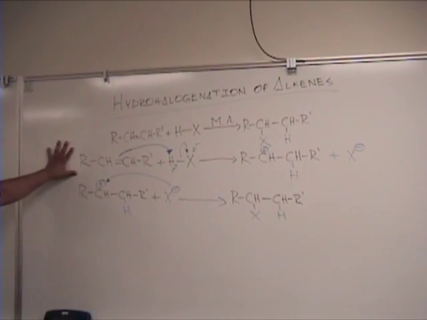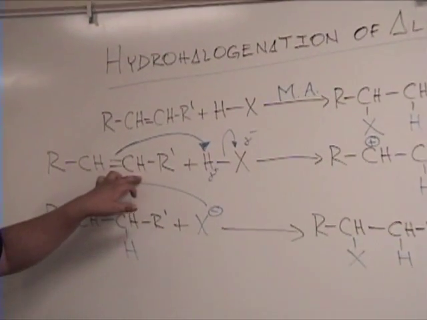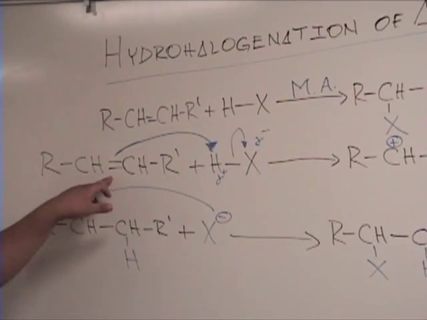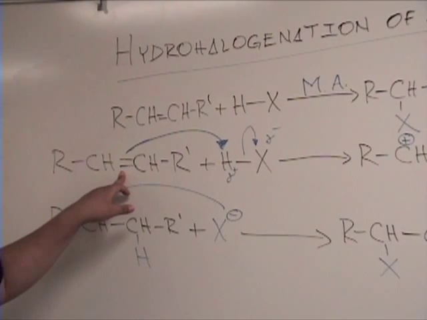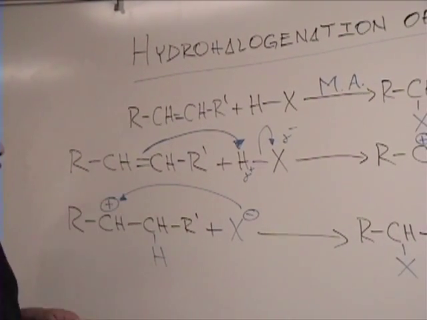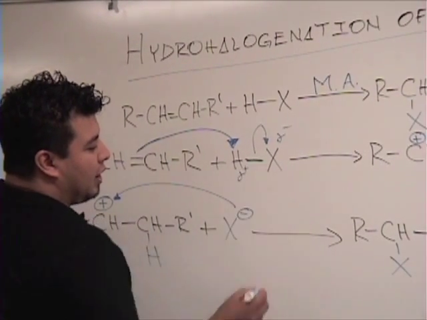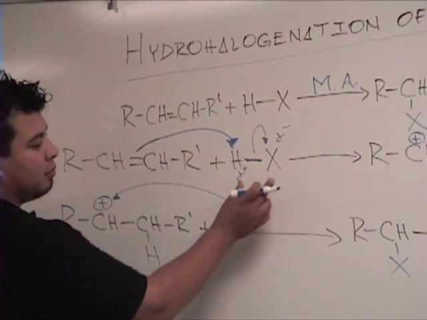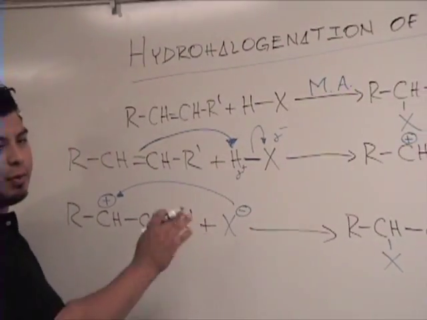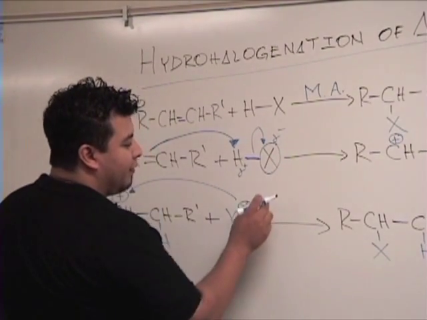So this is the generic formula: RCH double bond CHR prime. Then we know that the double bond has a high electron density, and we remember from general chemistry that this bond right here is a polarized bond, because group 7A is going to be pulling electrons, and it's going to be more electronegative.